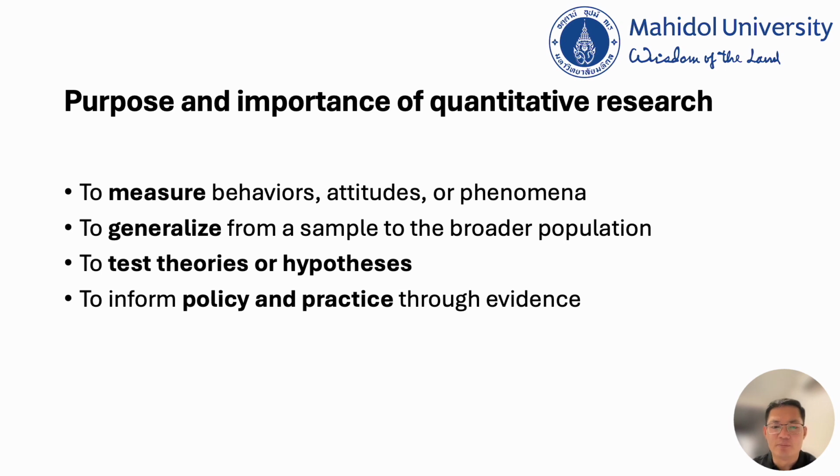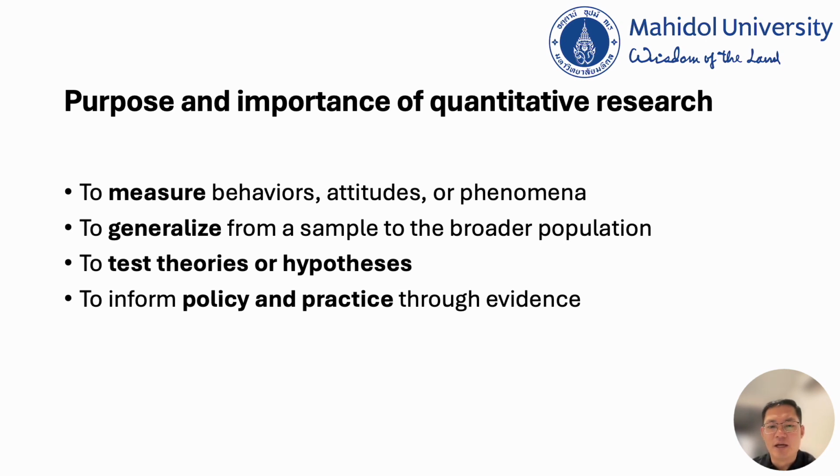Quantitative research has multiple important roles in social science. First, it allows us to measure human behaviors, opinions, or social structures in a way that is standardized and repeatable. Second, it helps us generalize findings from a sample to a larger population, assuming the sample is representative.